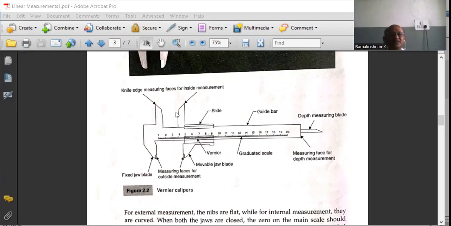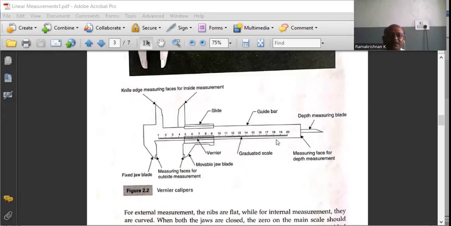The top measuring jaws are used to measure the internal surface or internal dimensions of an object. At the bottom also there are two jaws, one fixed and another movable as at the top. These jaws are used for outside measurement. There is also a blade at the bottom of the scale, the measuring blade used for depth measurement. So the depth also can be measured.